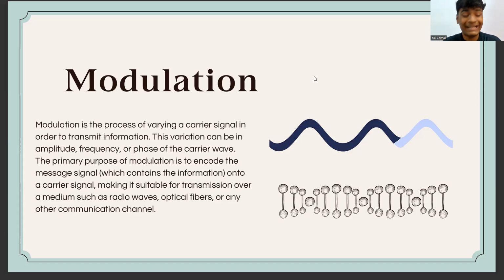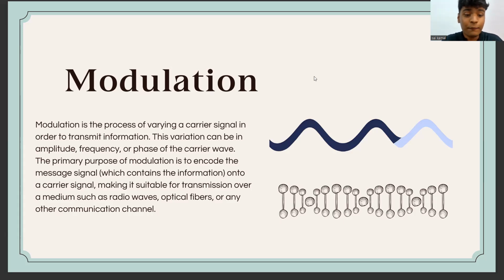as you have seen in the landline phone, where we do only one-to-one communication. So like that, we have modulation here. Modulation is the process of varying a carrier signal in order to transmit information from source to destination. This variation can be in the amplitude, frequency, or phase of the carrier wave.